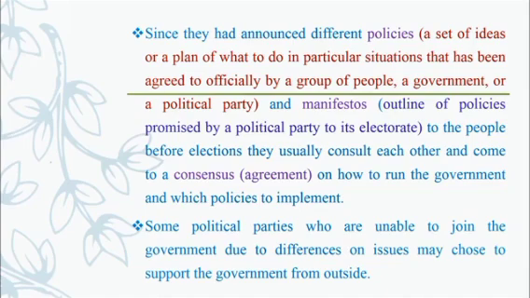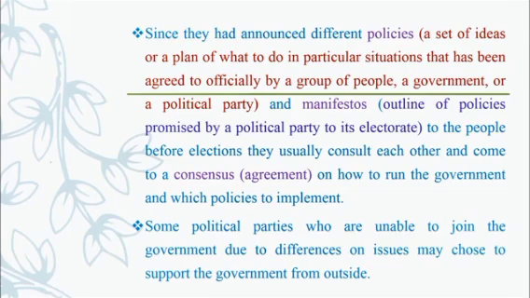Here, policy means a set of ideas or a plan of what to do in particular situations that has been agreed to officially by a group of people, a government or a political party. Manifesto means outline of policies promised by a political party to its electorate.